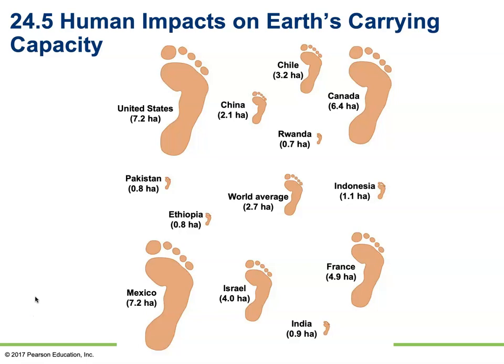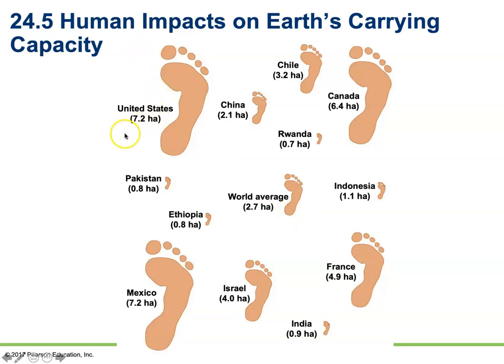More affluent people or populations typically have larger ecological footprints. So what we're going to see is that the size of the ecological footprint is dependent not just on the individual's needs, but also the size of the population. So what we have is a worldwide average ecological footprint of 2.7 hectares per individual.